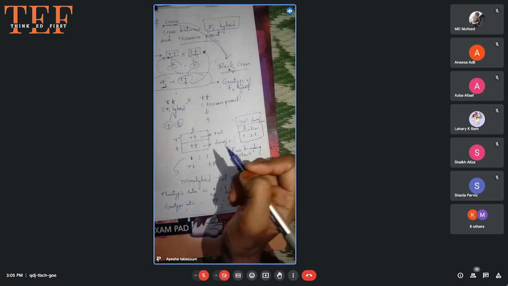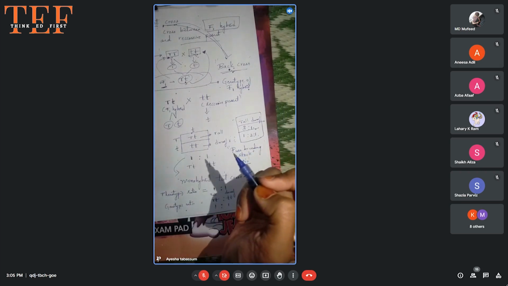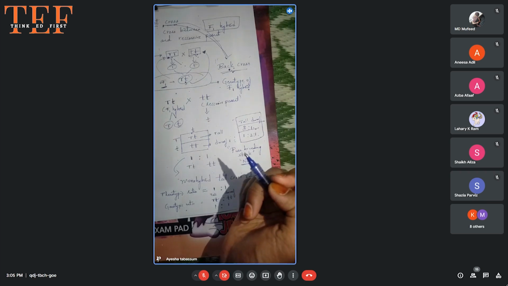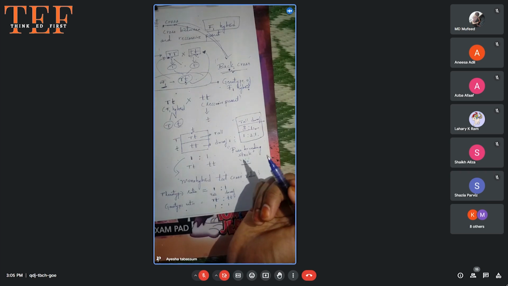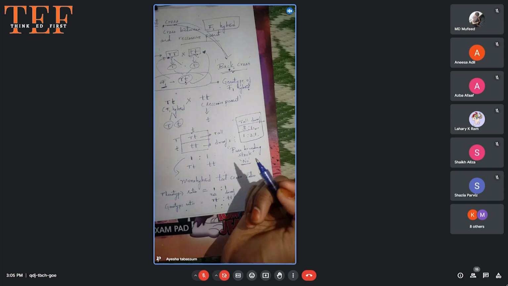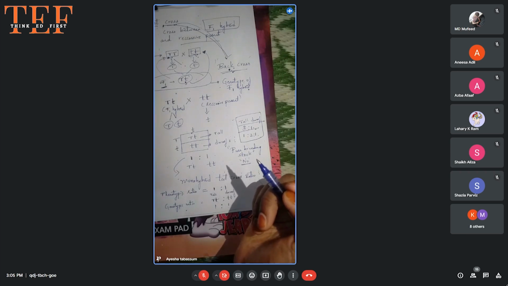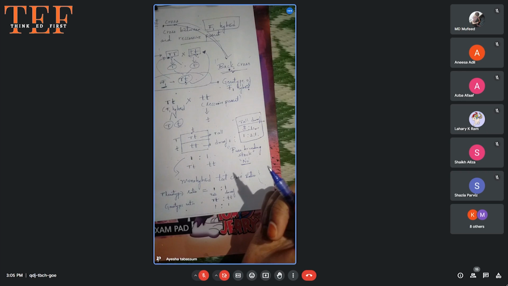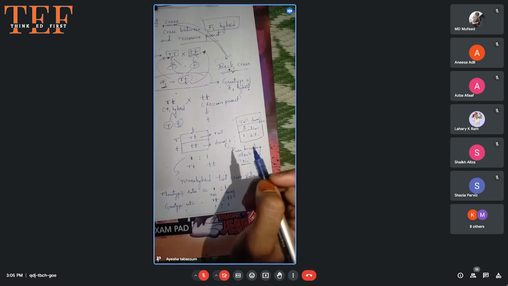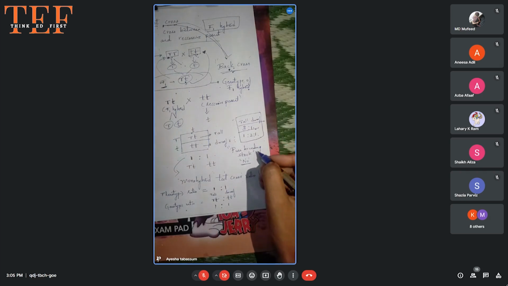When I explained the first law with a tall plant and a dwarf plant, we took 2 characters, tall and dwarf. Is the F1 hybrid a pure breeding stock or what? The plants which obey the law of Mendel are considered to be pure breeding stock.